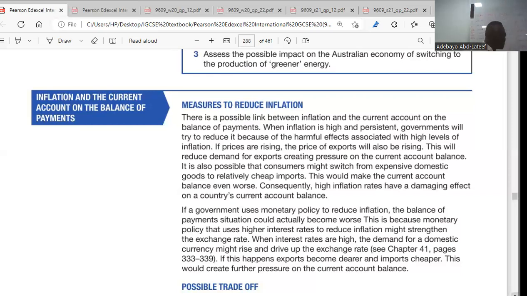Exports will bring about reducing the deficit in the balance of payments current account. But you need to make an increase in the price of exports so that you can balance the current account. To do that, you have to raise the general price.